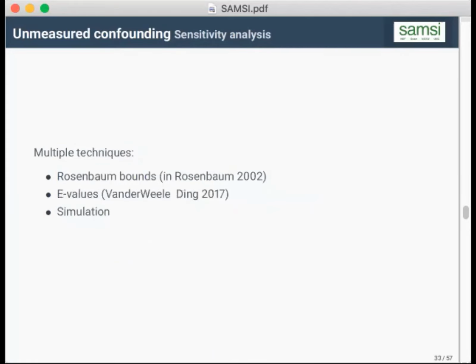There are lots of techniques for running sensitivity analyses. Some of them involve simulating an actual confounder and its relationship to the exposure and the outcome. Others, like Rosenbaum bounds or e-values, are analytic analyses that you can run on top of your existing analysis that will tell you how strong confounding would have to be in order to overturn the results of this analysis.